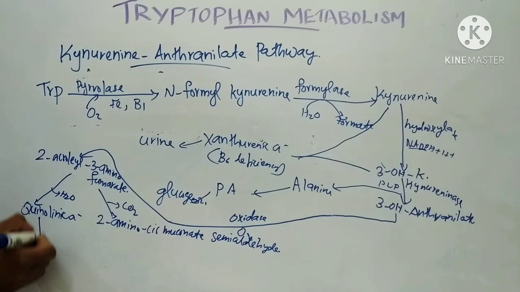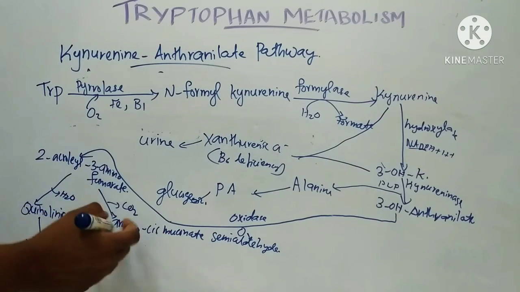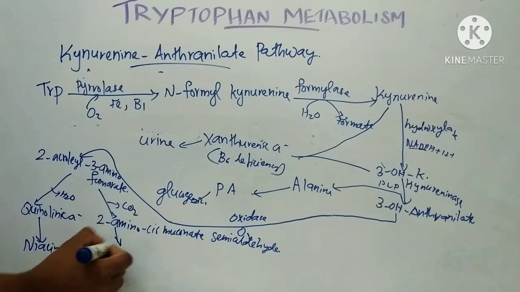This quinolinic acid then forms nicotinic acid or niacin. This 2-amino muconate semialdehyde is then converted to oxalocrotonate.